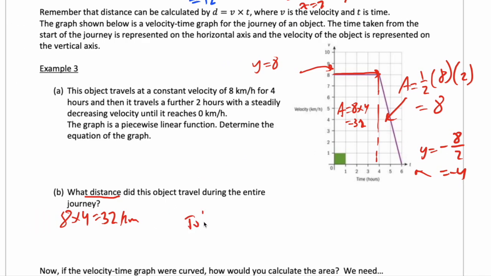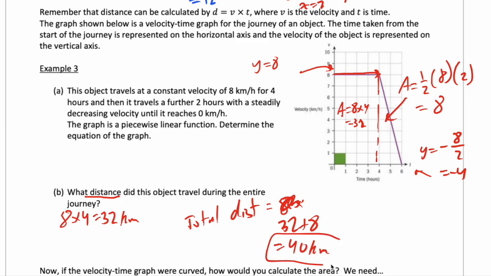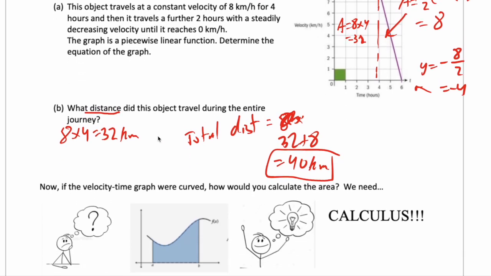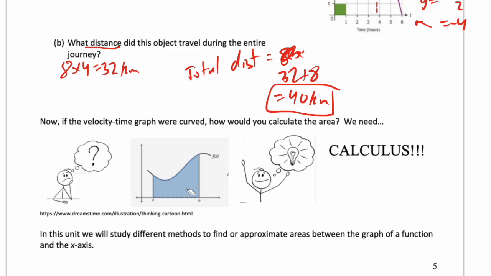So the total distance is 32 plus 8. There's two parts there, so that's 40 kilometers. Sometimes your velocity-time graph looks something like this, and if you find the area under the curve, it also equals the total distance traveled. We'll be doing that later with calculus and with something called the trapezium rule, which is what this picture is alluding to.